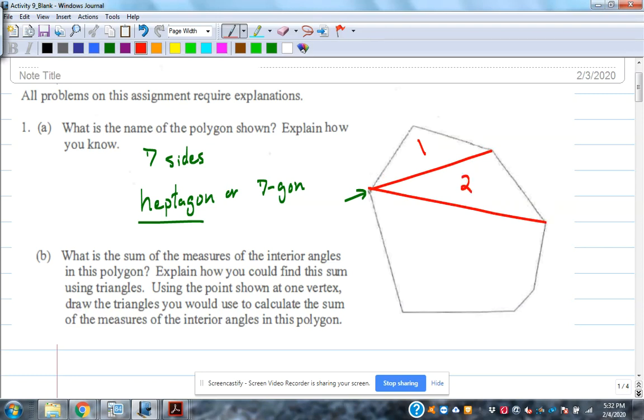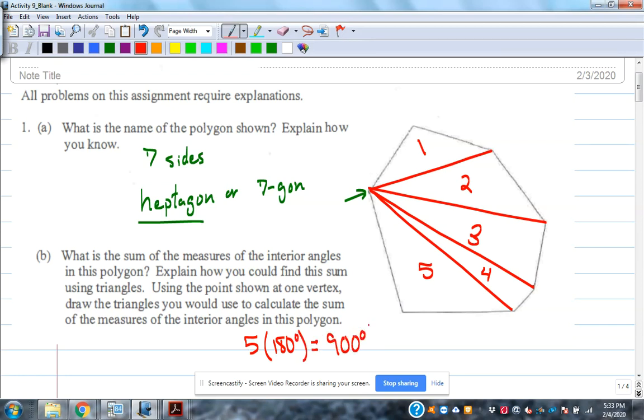And I'm going to connect to the next vertex. There's triangle number 3. And then there's another triangle right there. That's triangle number 4. And here is triangle number 5. So I drew 5 triangles inside of there. So 5 times 180 degrees is equal to 900 degrees.